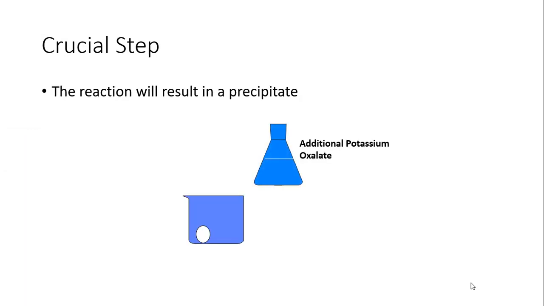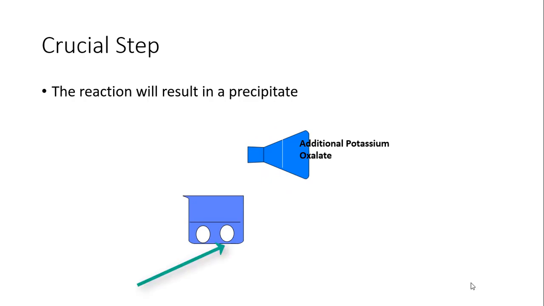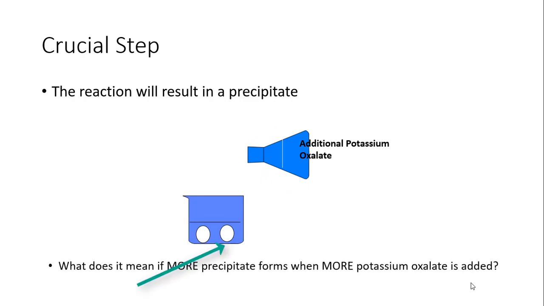Right? So there's a crucial step in the reaction. The reaction results in a precipitate. And so what happens is, let's say that the precipitate is calcium oxalate, if I add a little bit more potassium oxalate, which I have here, and I see more precipitate, what that tells me is that the potassium oxalate is not yet used up.